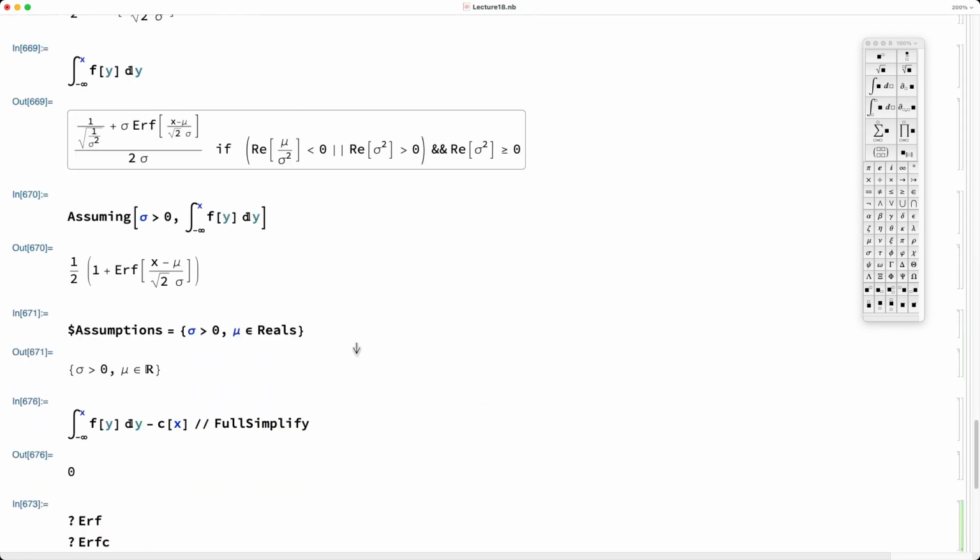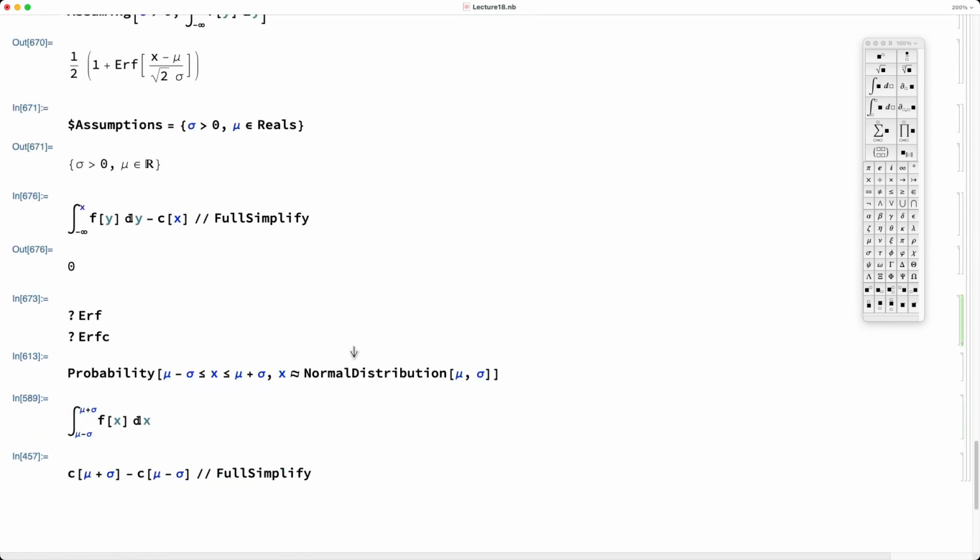So now let's suppose that I want to calculate the probability that x is between the value mu minus sigma and mu plus sigma. You can always do that by calculating this integral.